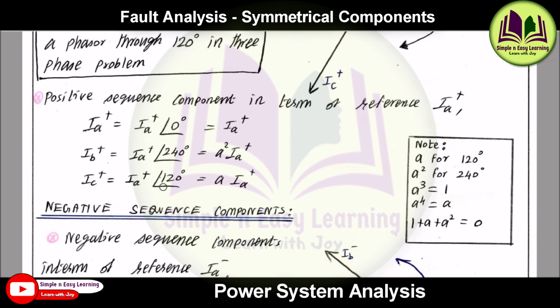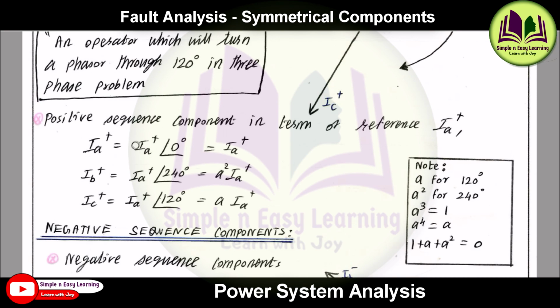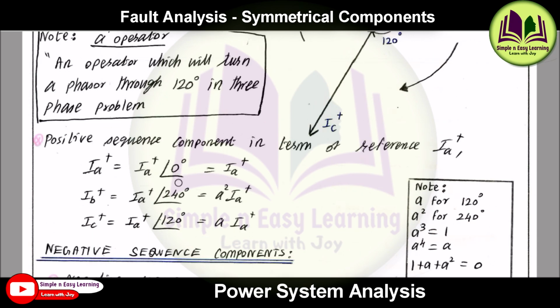Now we are going to introduce an operator a for representing this angle. This operator a will turn a phasor through 120 degrees in three phase problems. So instead of writing 120 degrees or 240 degrees, you just replace it with the term a. Wherever 120 degrees comes, you can replace it with a small a.